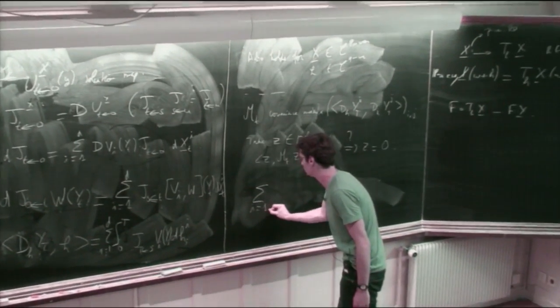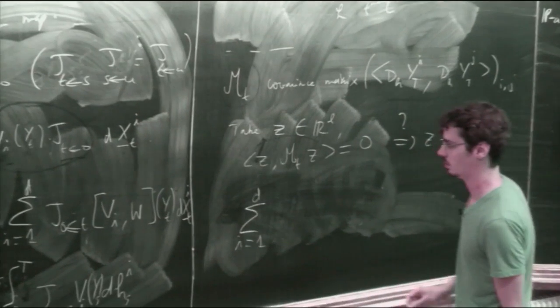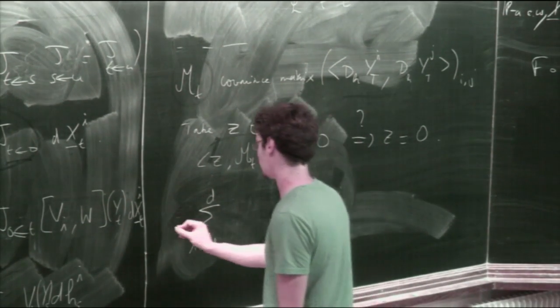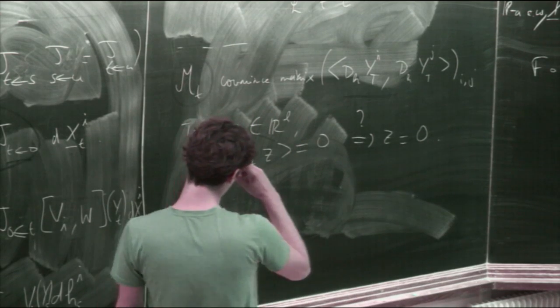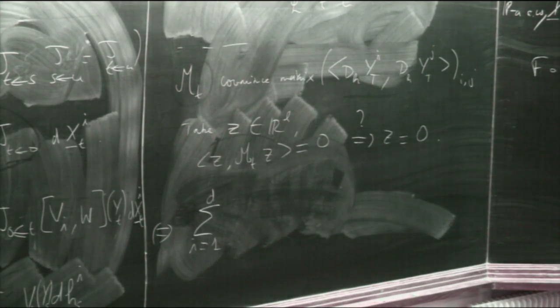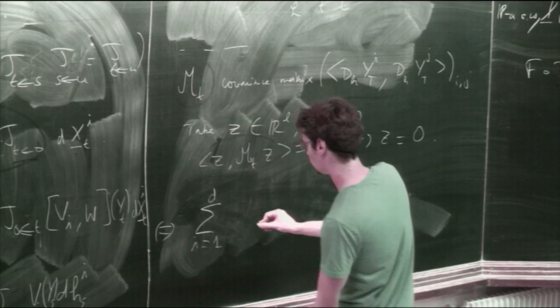But what you should get is a sum from i equal 1 to D, right, of... it should be the same to say that if you look at this MT, which is obtained as the element of the Cameron-Martin space, which satisfies this.